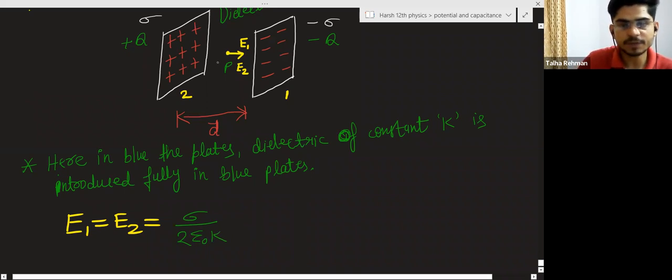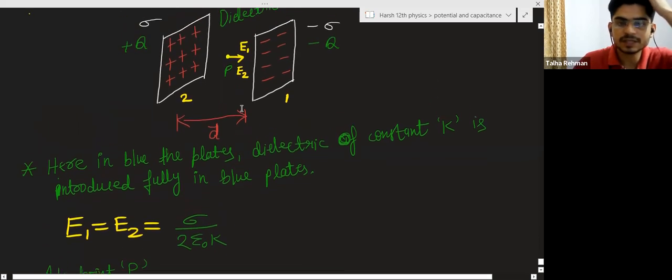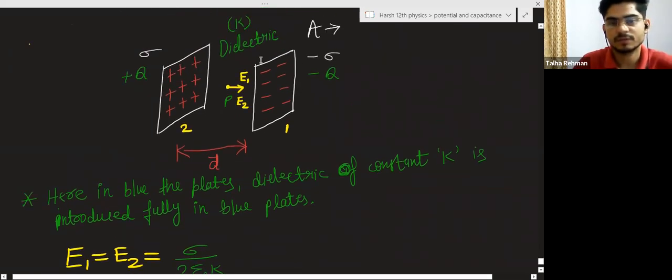And at point P, we have already calculated the direction of the net electric field. The direction will remain the same. Due to the positively charged plate, the electric field is in this direction. Due to the negatively charged plate, the electric field is also in this direction.